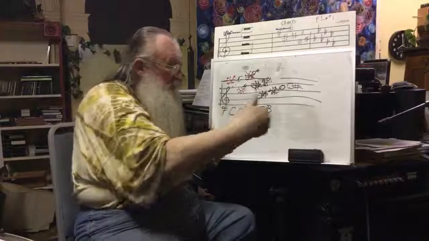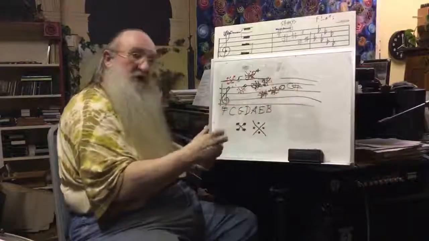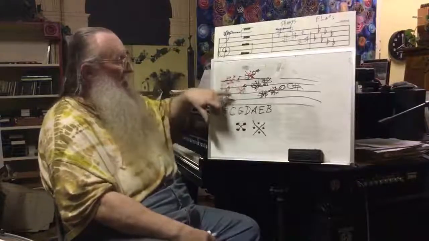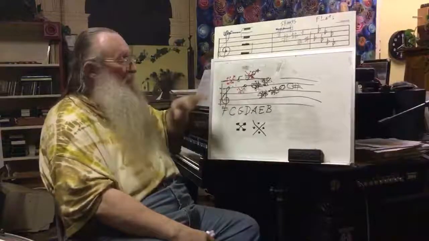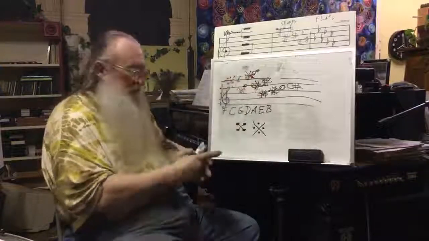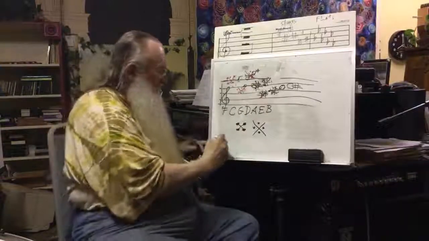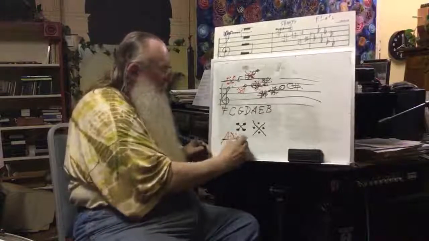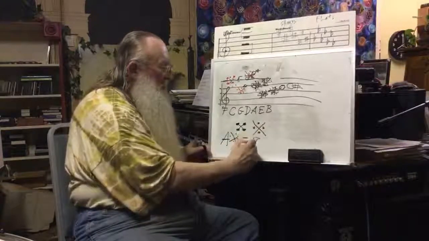And then what happens is, as I'm spelling, I'm going to wind up getting all these double sharps plus a couple more triple sharps, and I'm going to wind up with 14, 15, 16, 17 sharps. So the key of A double sharp equals 17 sharps.